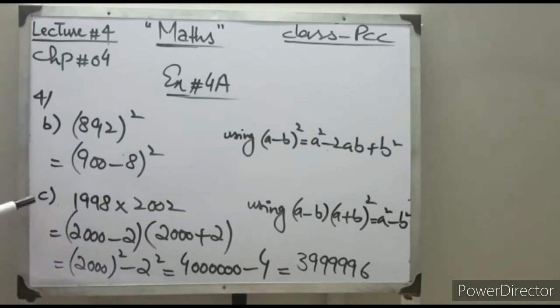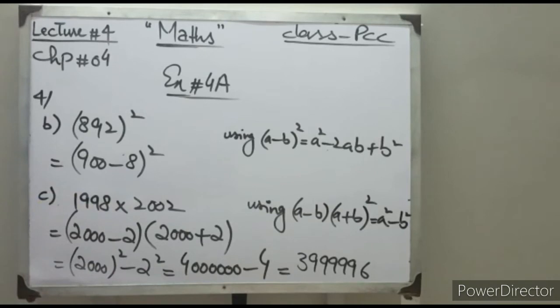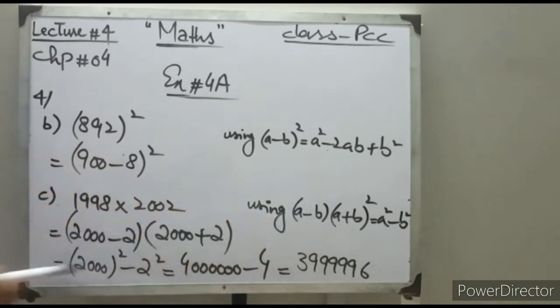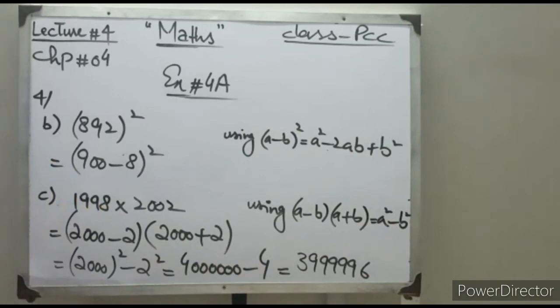Question number 4 part C. You may write 1998 as 200 minus 2 and 2002 as 200 plus 2. Now apply the third identity, which is the difference of squares. This identity, (a minus b) into (a plus b) is equal to a square minus b square.